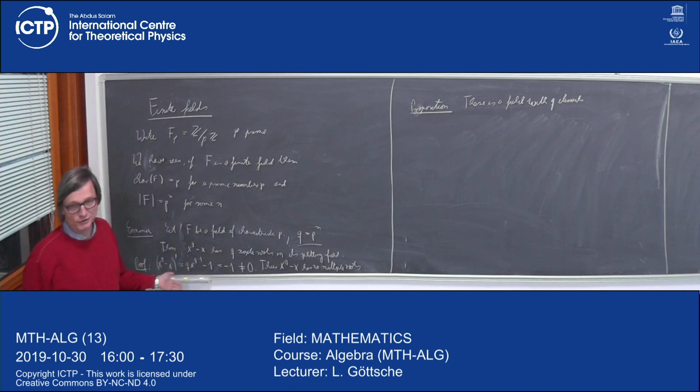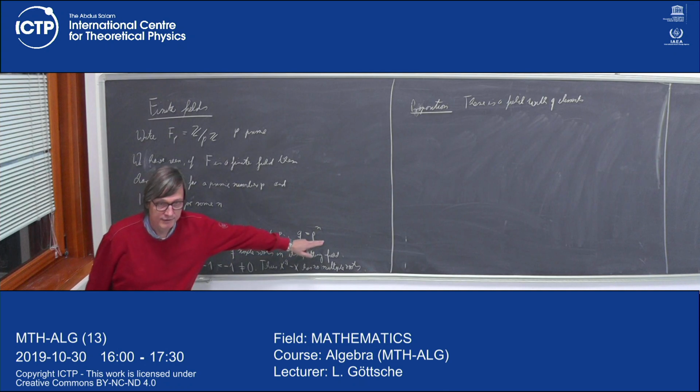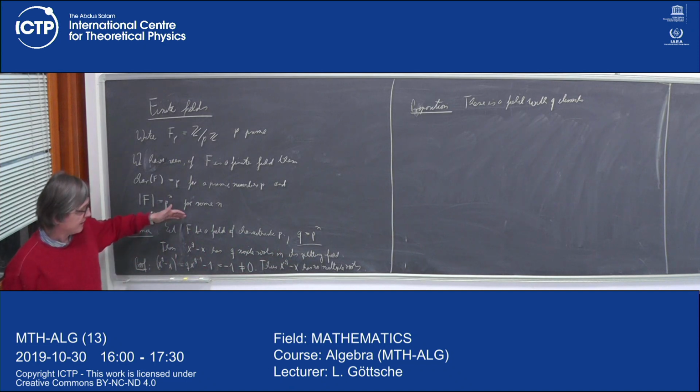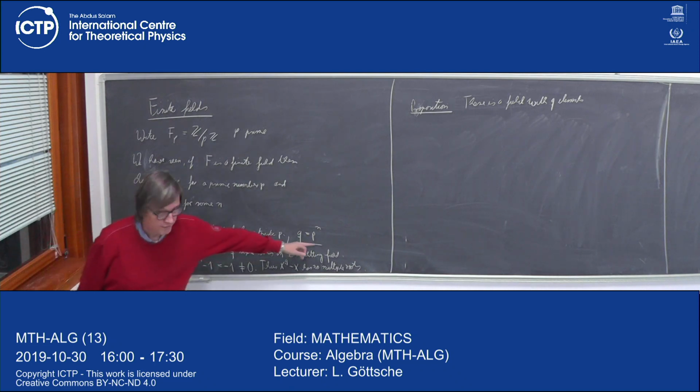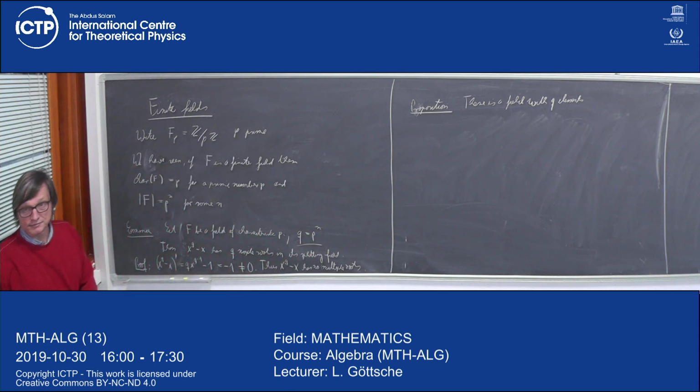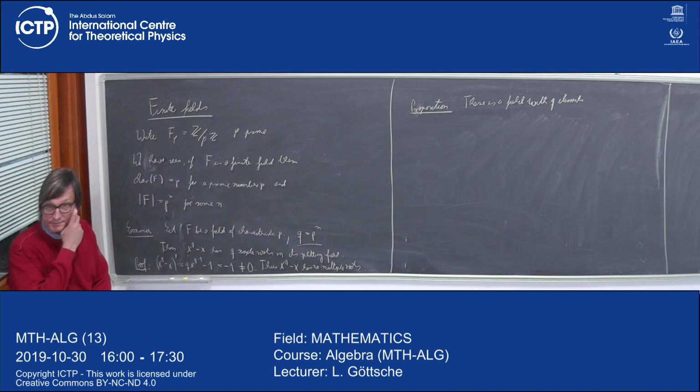But on the other hand, we have seen that it has to actually be a power of p, because if q is a multiple of p, then the derivative will be 0. That's true. But we know that F will be a vector space over F_p, and therefore its number of elements is a power of p. We saw this last time.